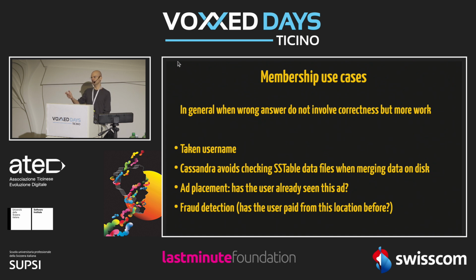If the data structure tells us that it's not taken, while actually it is, well, whenever you try to insert the new value into the database, you will probably get an error because of the duplication of an existing value. So you just check this error, and then return to the user that the username is not available.